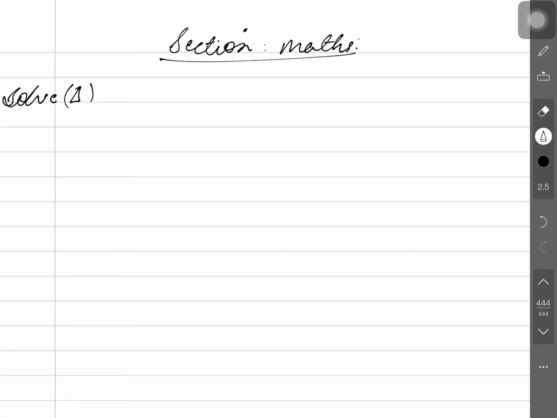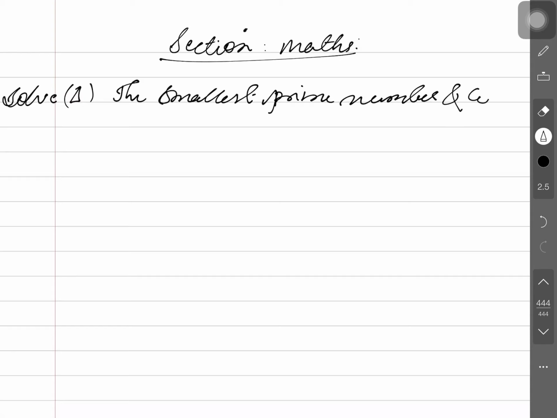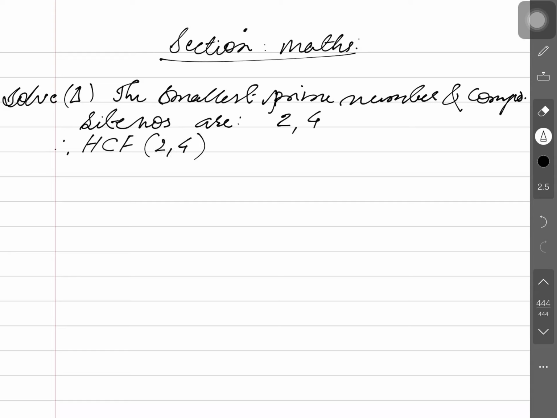The smallest prime number is 2, and the smallest composite number is 4. So we have to find the HCF of 2 and 4. Therefore, what is the HCF of 2 and 4?